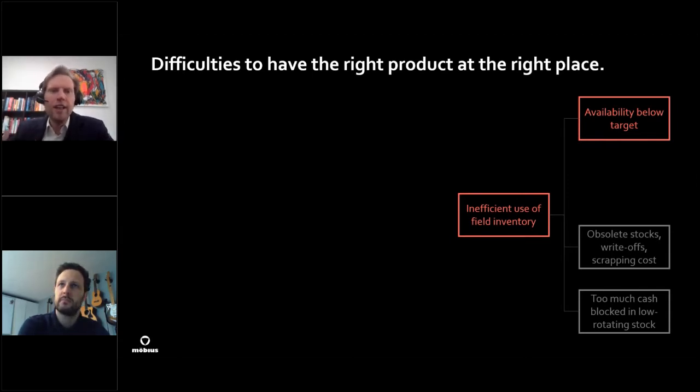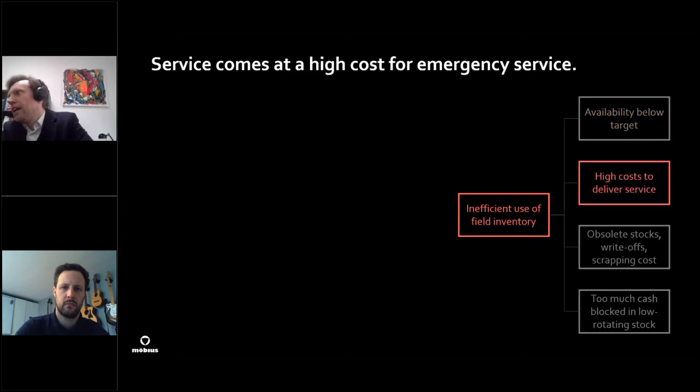So we still hit shortages at certain moments in time, where our ambition to have that inventory available immediately is not reached. And what we see then as a last symptom is that field networks find solutions for low availability, but they find those solutions at a very high cost.